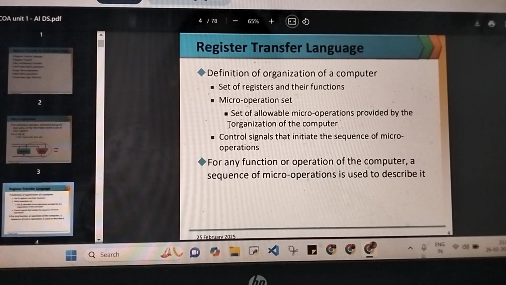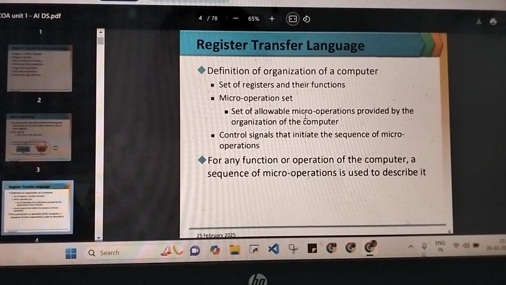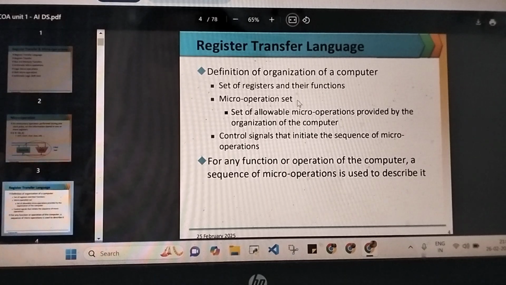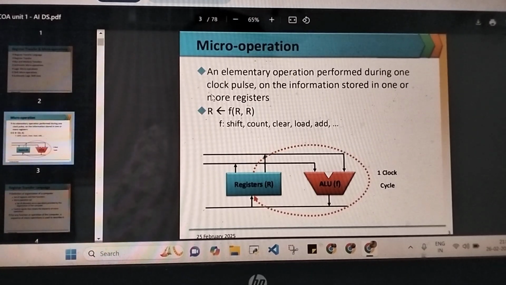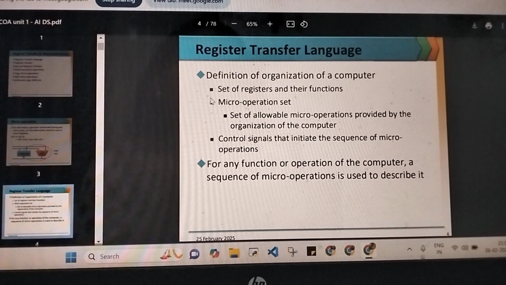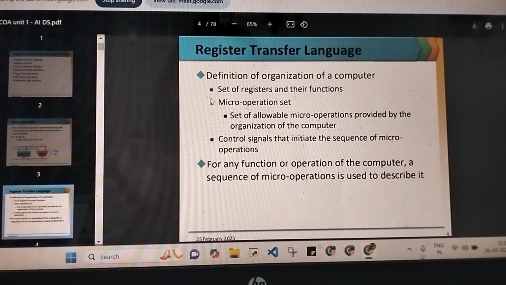And the allowed set of micro operations for any computer is called the micro operation set. What this means is the set of operations allowed varies depending on the computer organization and architecture. For example, every computer can perform more or less every computational task, but the way the steps are broken down differs.